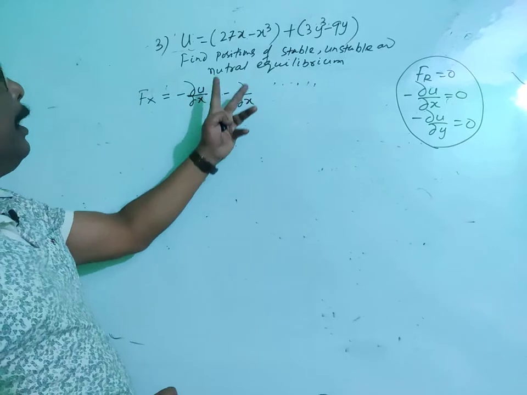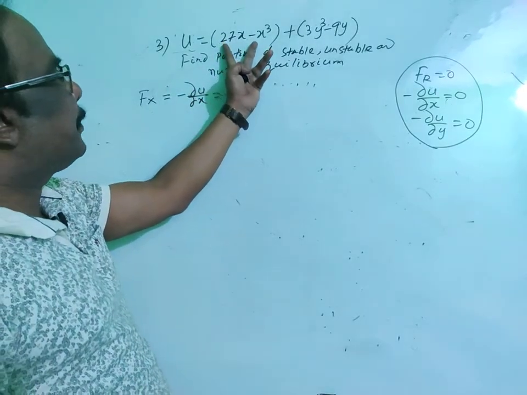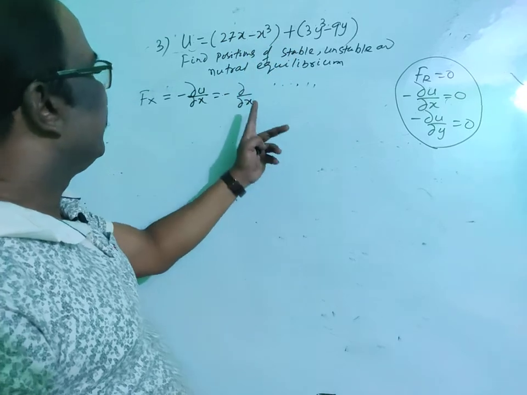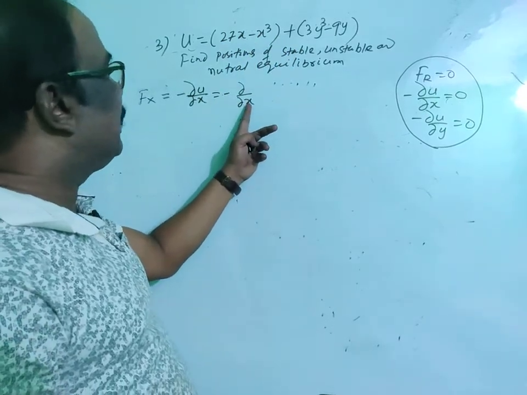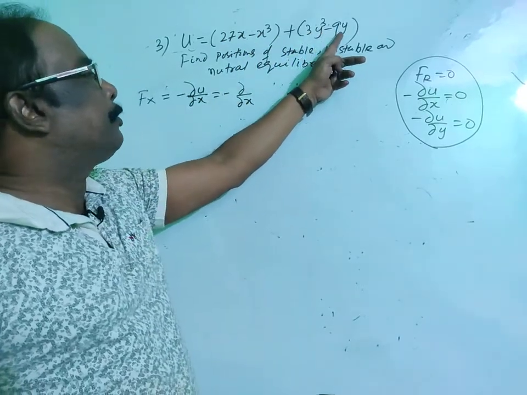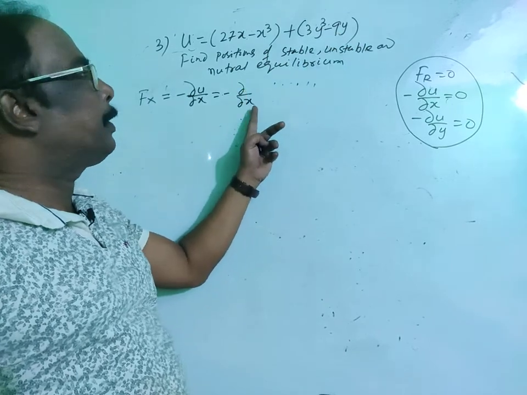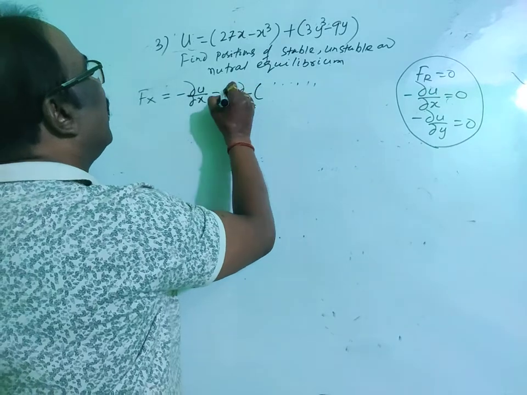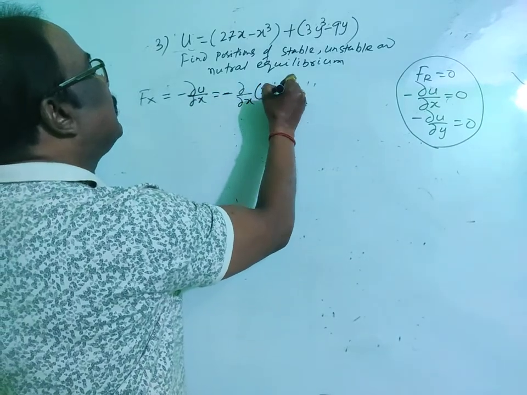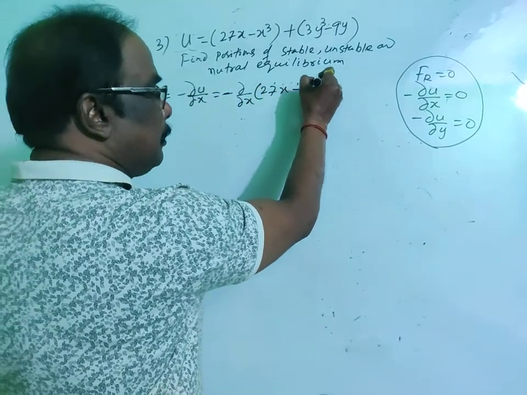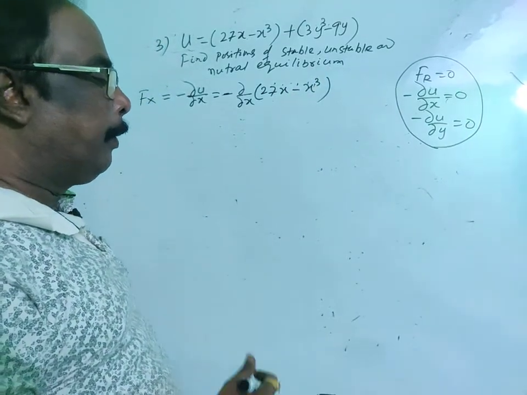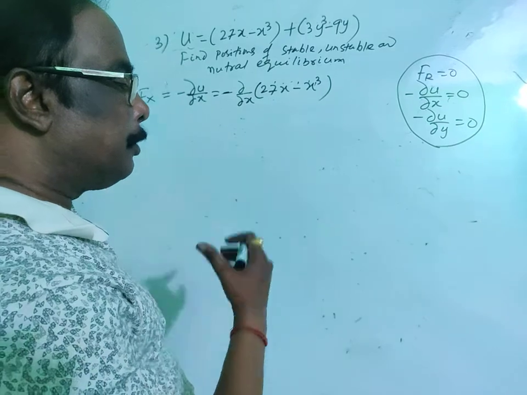In the x-axis we have the expression 27x minus x cube. We are doing partial derivatives, so the derivative of 3y cube minus 9y with respect to x will be 0. So we take only 27x minus x cube.